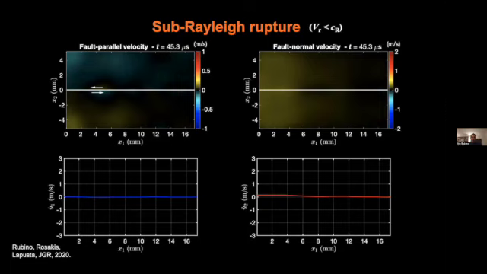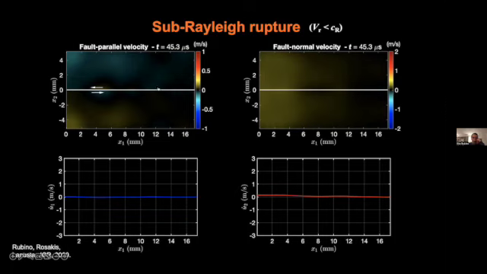Let's see what happens when a rupture propagates at subRayleigh speed, but with the speed approaching the Rayleigh wave speed. So in these panels, we have the particle velocities in the fault parallel and fault normal directions, respectively, on the left and right hand side. Scale here is in meters per second.